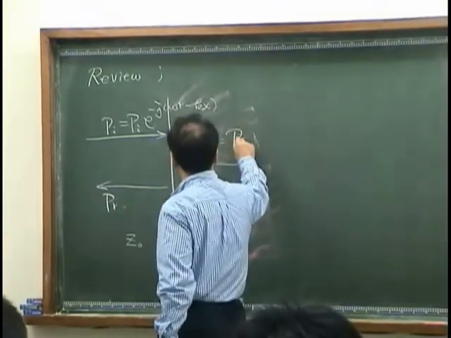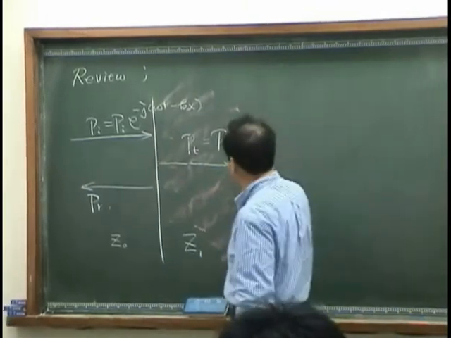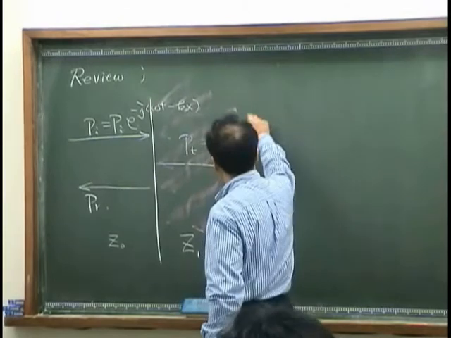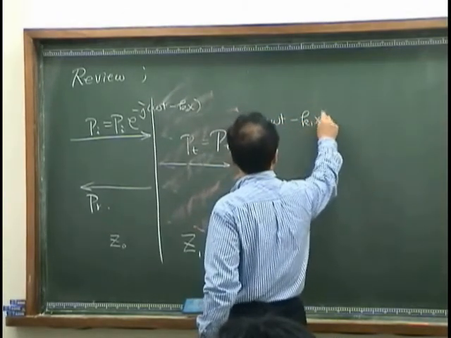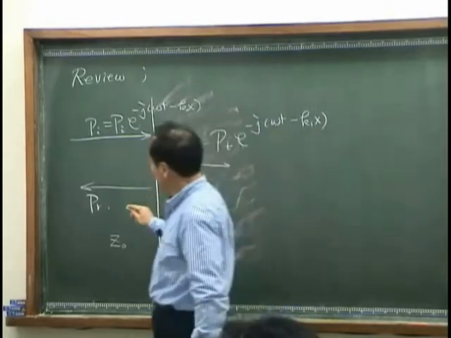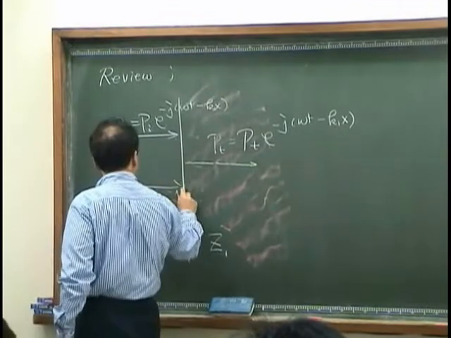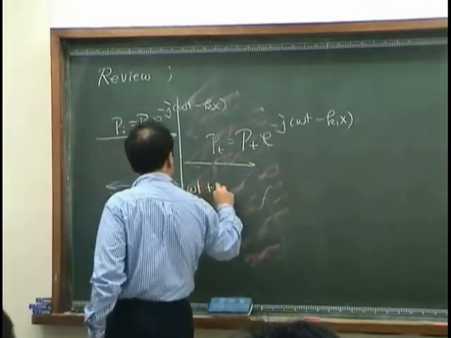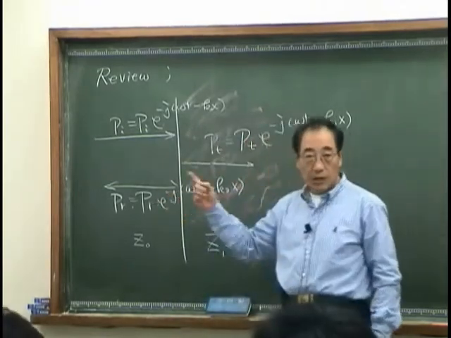And we denoted this PT, which also has complex magnitude. And the PR similarly, with plus k, because this is a left-going wave.